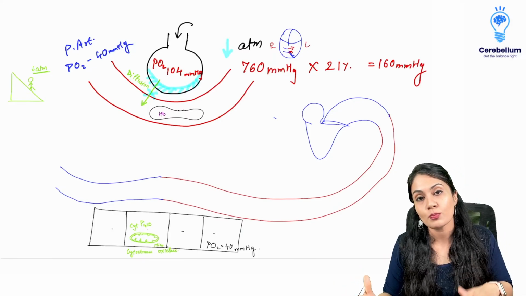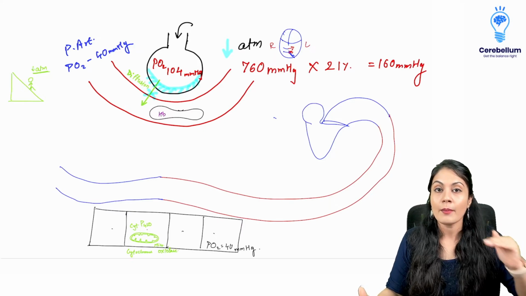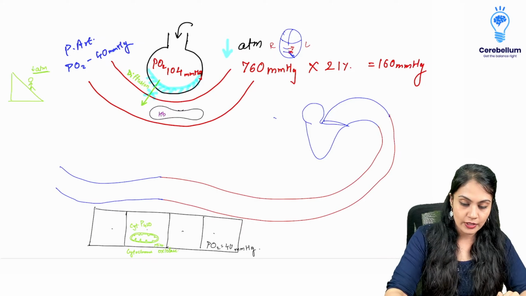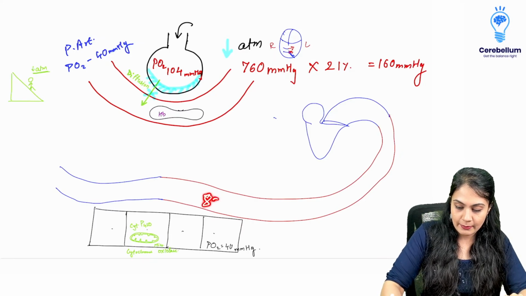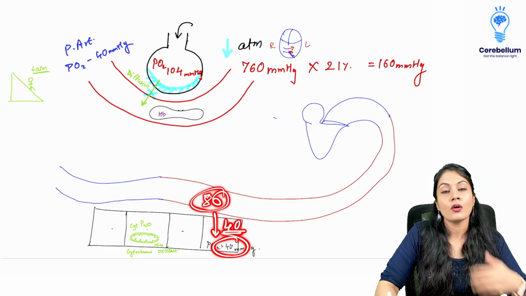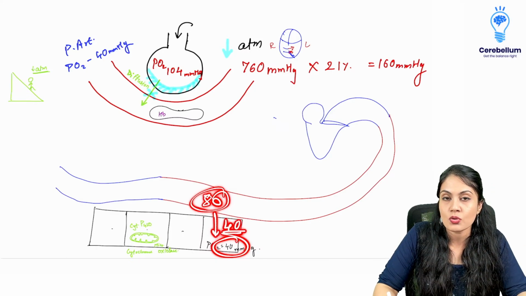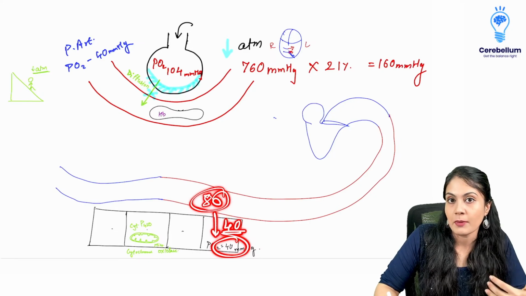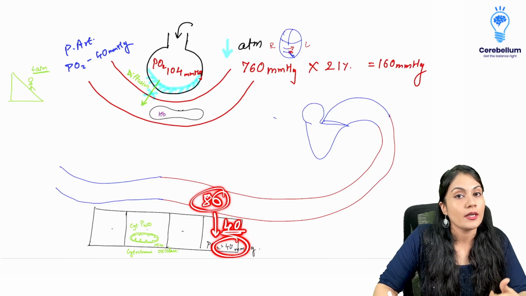It is going to be much lesser. If a lesser partial pressure is present in my blood, of course again the concentration gradient, let's say it is 80 mmHg, now only 40 mmHg concentration gradient is going to be left towards the tissue with the mixed blood. All right, so concentration gradient is going to fall.